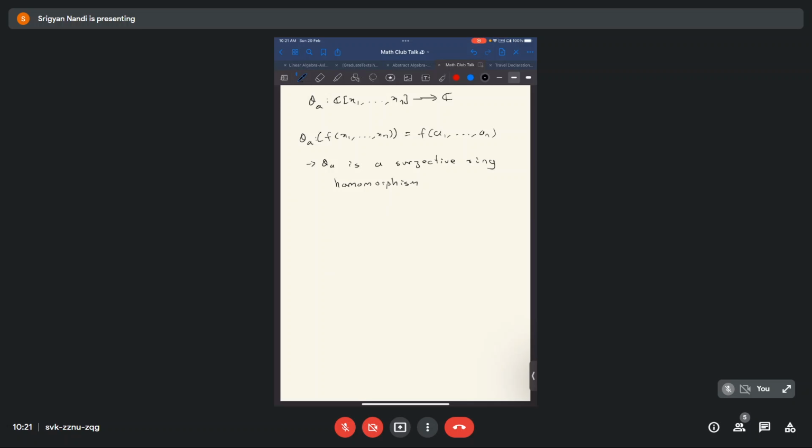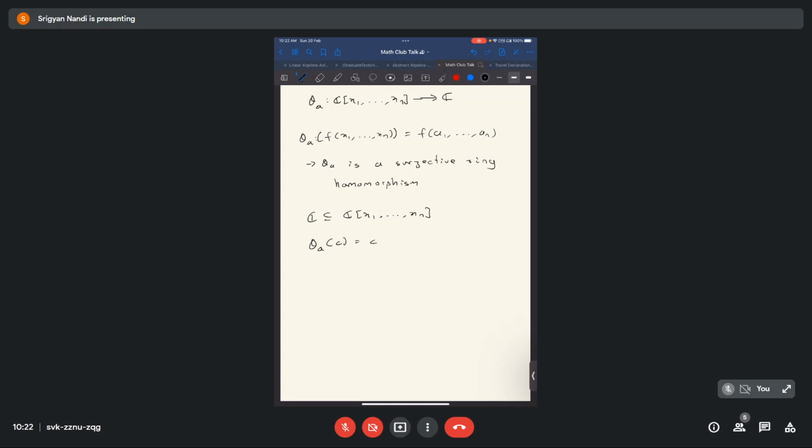So the thing is, we know that C is in fact a subset of C[x1, ..., xn], and the range of our map theta_a is C. It is fairly obvious that theta_a of any complex number c, which belongs to C, is equal to c itself.